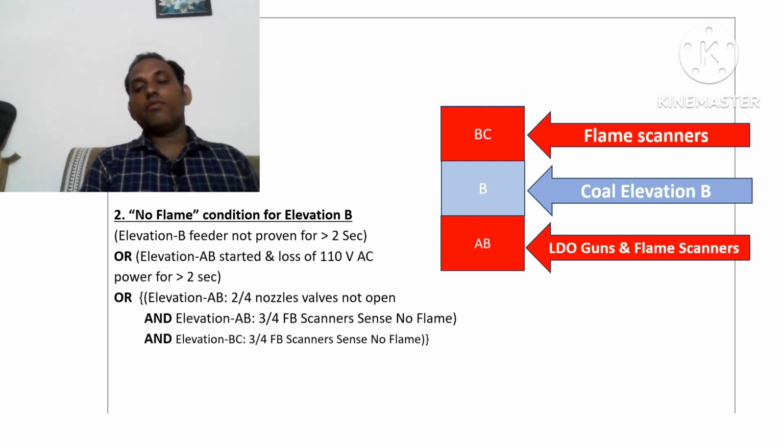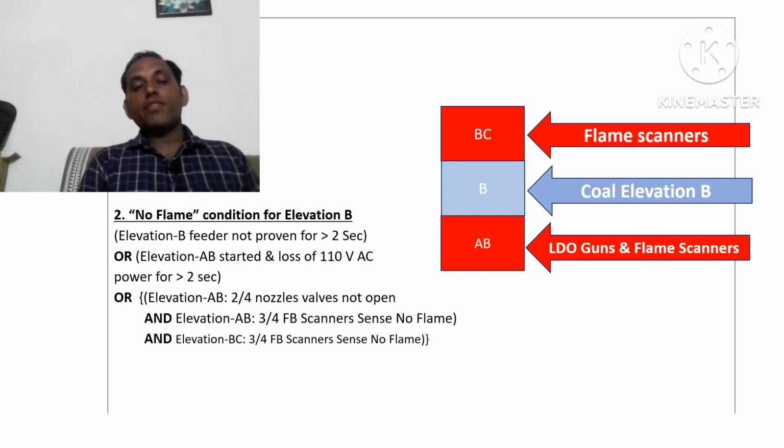If the flame intensity is insufficient at this elevation, this condition becomes true. The second one is elevation AB started and loss of 110 volt AC power for more than 2 seconds. If any gun is in service and the 110 volt AC supply failure takes place for more than 2 seconds, this condition becomes true and contributes to no flame.